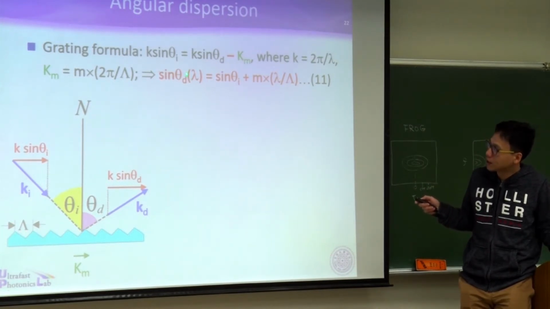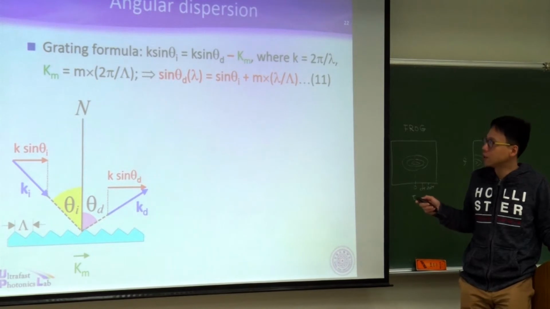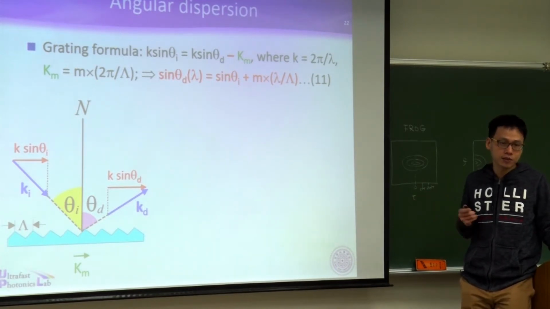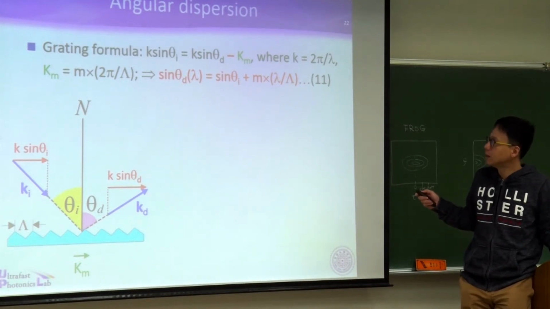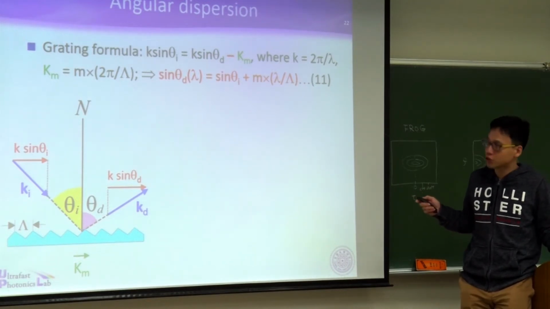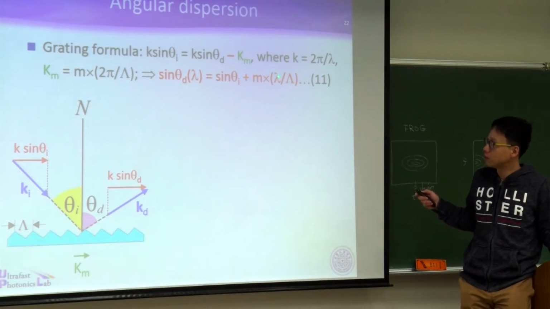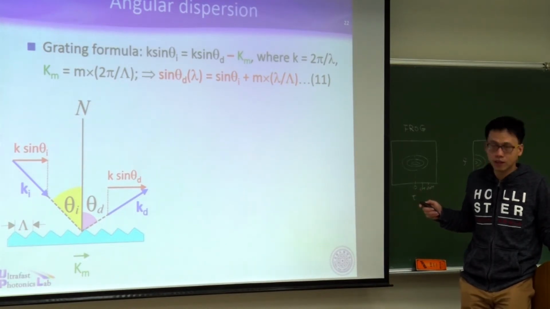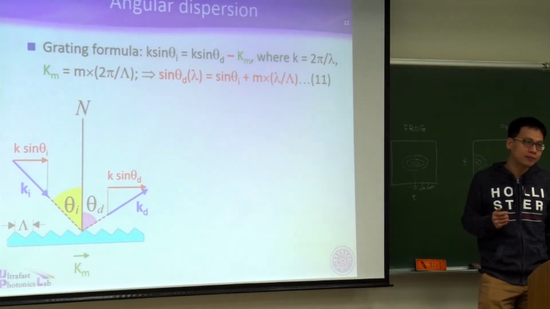Sine theta d, which is a function of lambda, equals sine theta i, which is a constant because the incidence angle is supposed to be constant, plus m, an integer, times lambda over capital lambda. So the variable lambda is here. That's why theta d is a function of lambda.